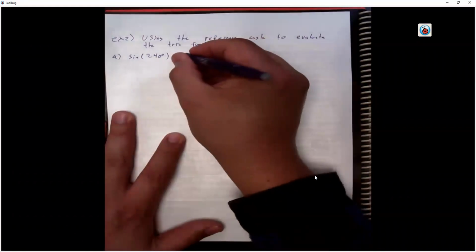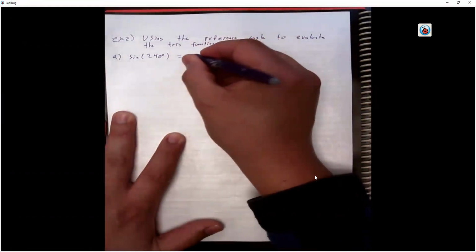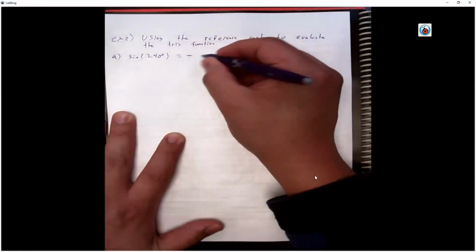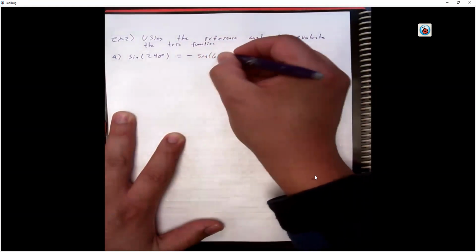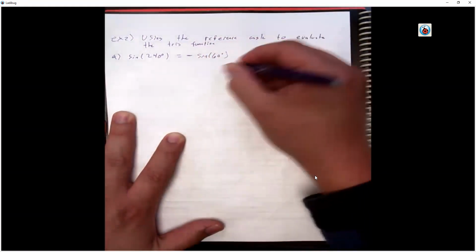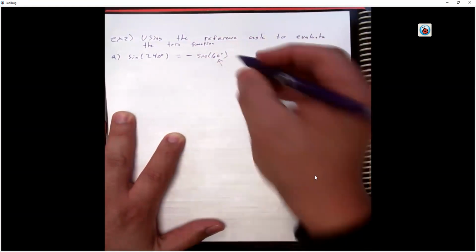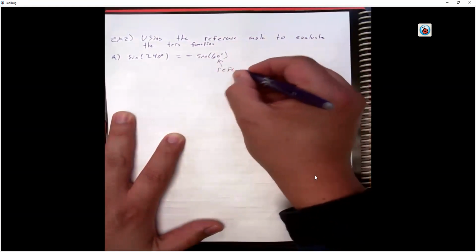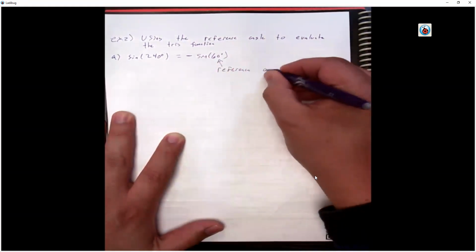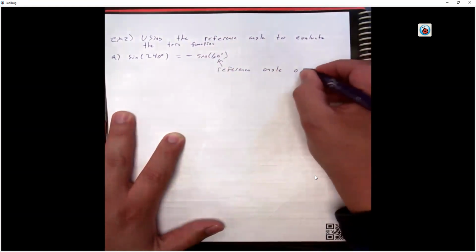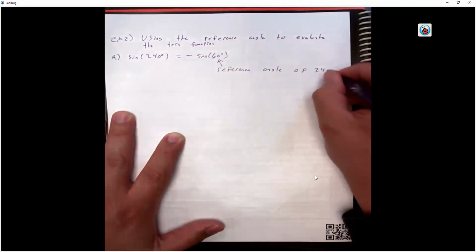They're saying that you can always set this equal to the coterminal, just take into account the sign. So the reference angle of 240 is 60 degrees.